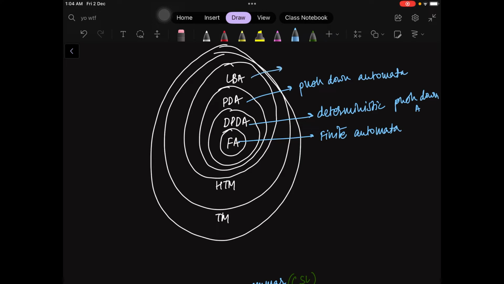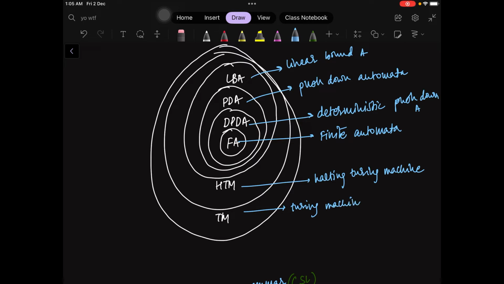Then this is linear bound automata. This is halting Turing machine, and finally we have the Turing machine.